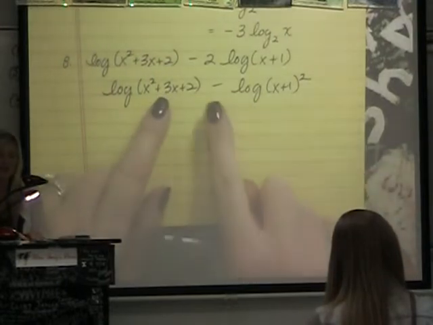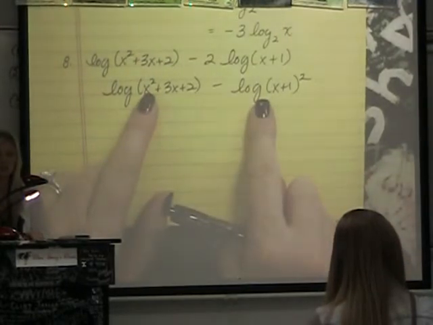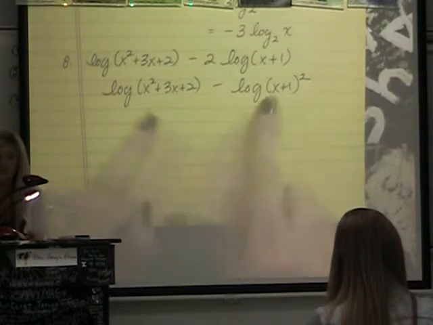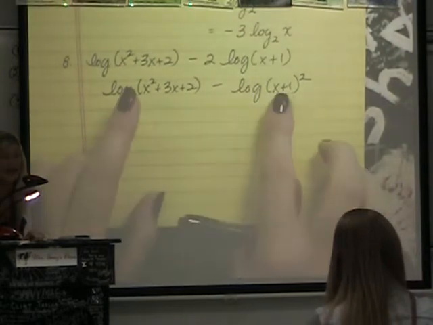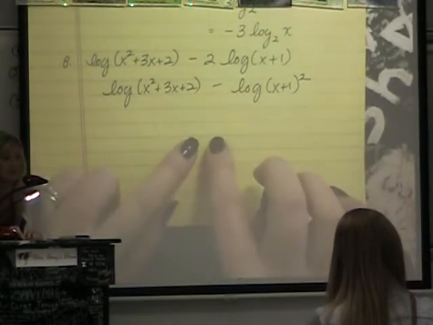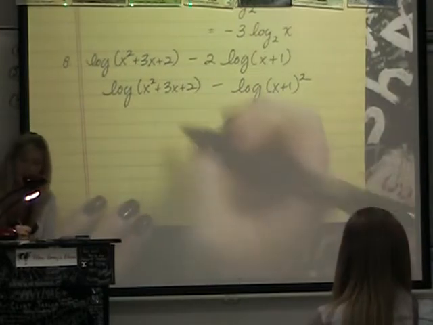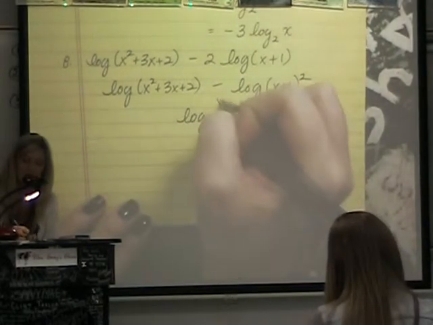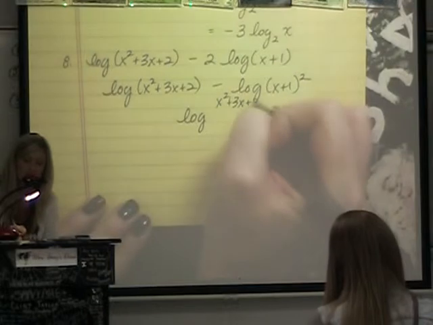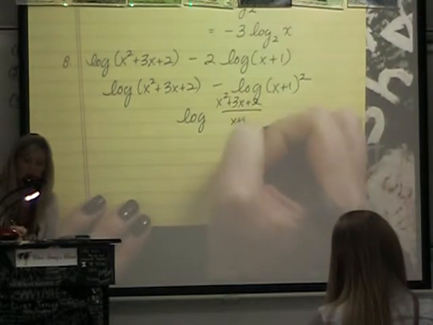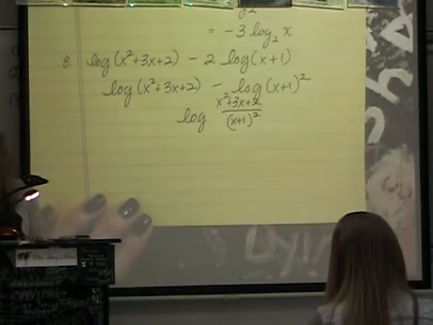Then I'm going to change subtraction to division, and when I go from subtraction to division, I condense 2 logs down into 1, and it's going to be log of x squared plus 3x plus 2 on top, and x plus 1 squared on the bottom.